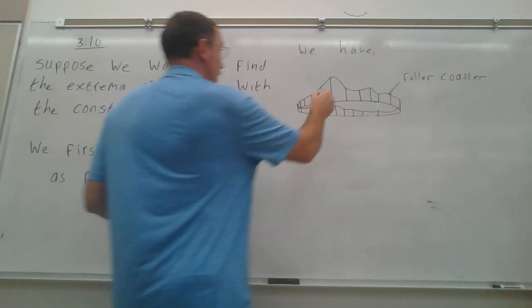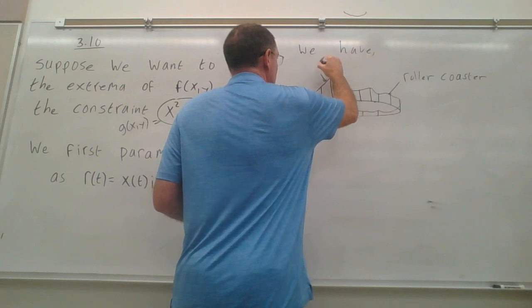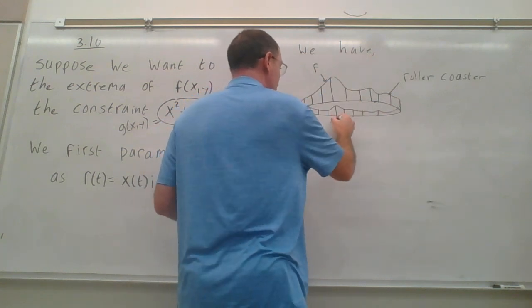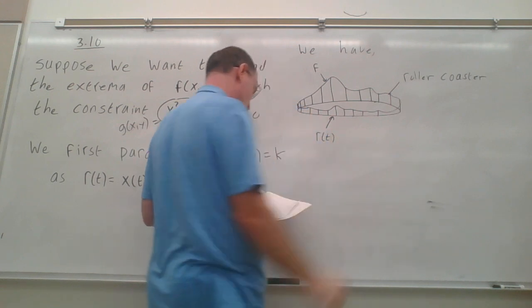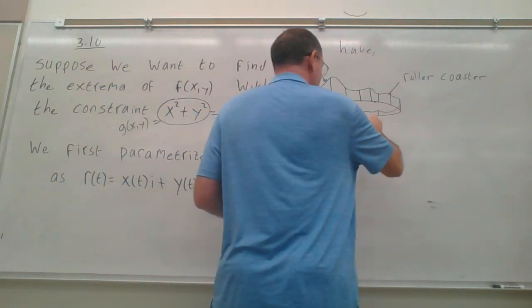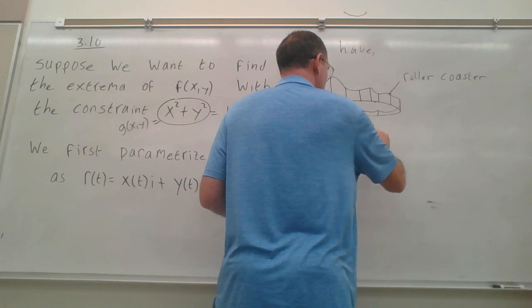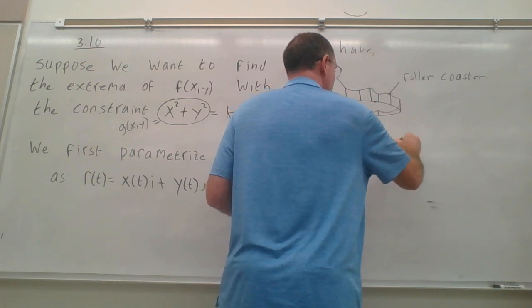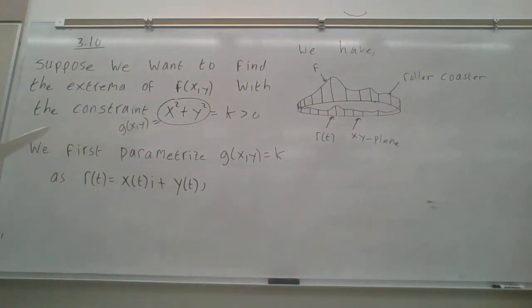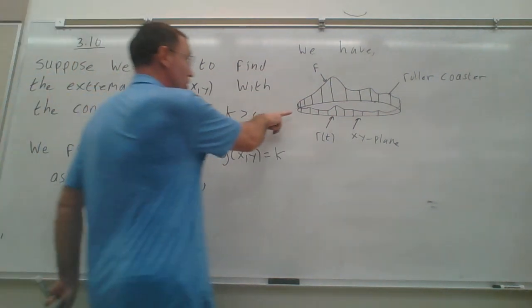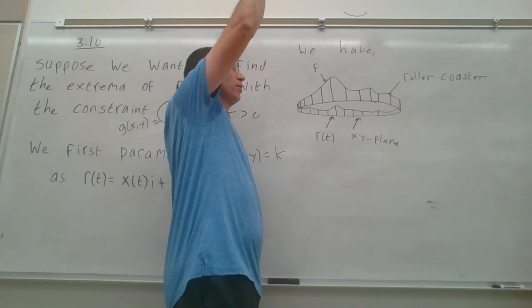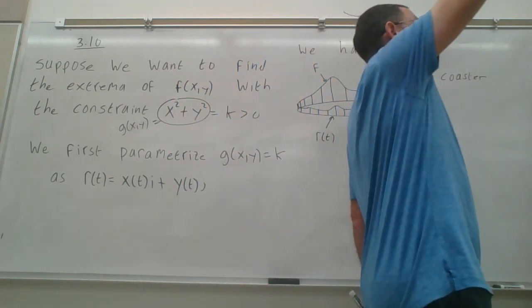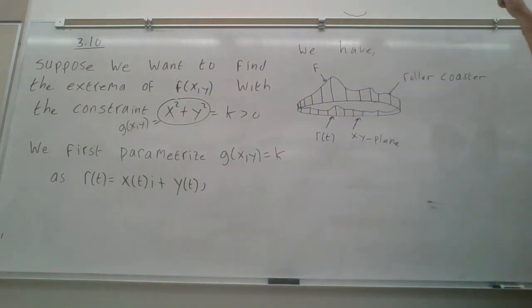So here's my f up here, and down here is my r(t). In this case, it's a circle, and down here, it's also the xy plane. So you can imagine walking around this circle, looking at the surface above.